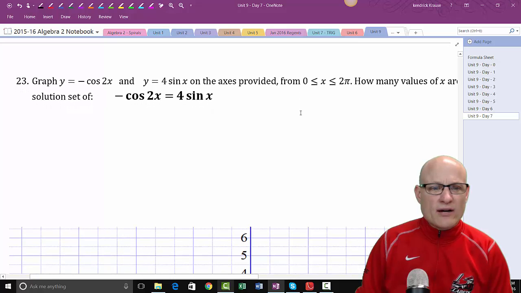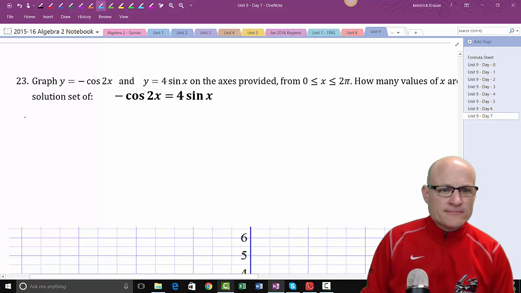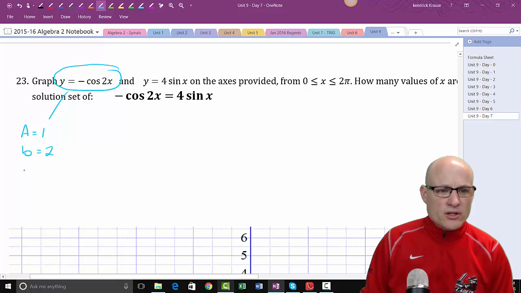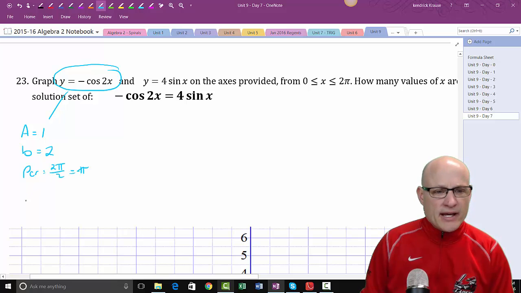So I want to graph cosine of negative cosine 2x. So let's graph that. The amplitude is 1. The frequency is 2. The period is 2 pi over 2, which is just pi, and the scale is pi over 4.